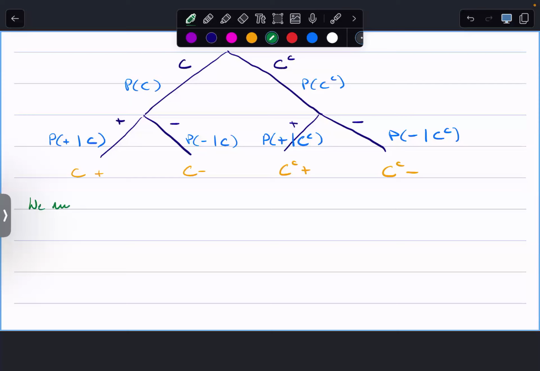We multiply down the branch to find the probabilities, or the probability of each combination.